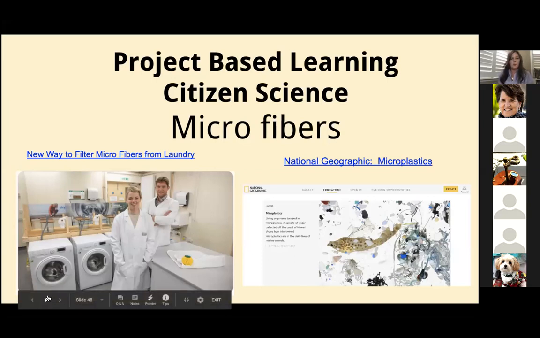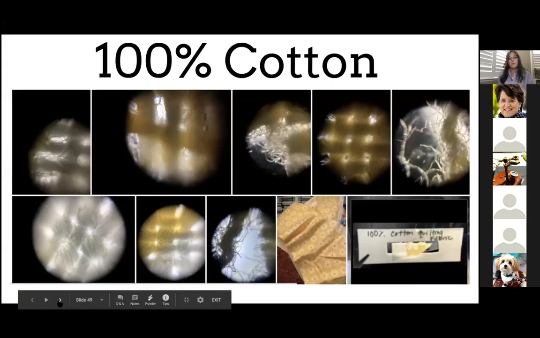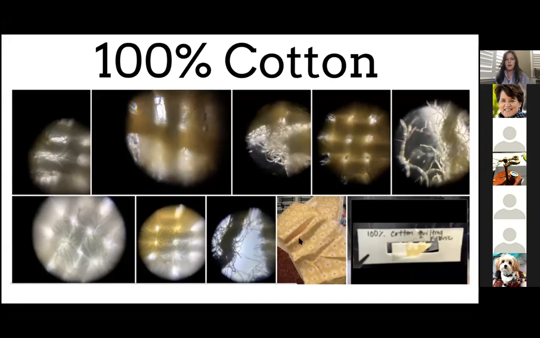So what I did was I took just 100% cotton. These are some good ideas that you could do with kids to compare and contrast. So this is just the fabric that I used. And when I looked at this, I've seen posts of the different kinds of filters in the masks that we're wearing because of COVID-19 and the N95 mask.